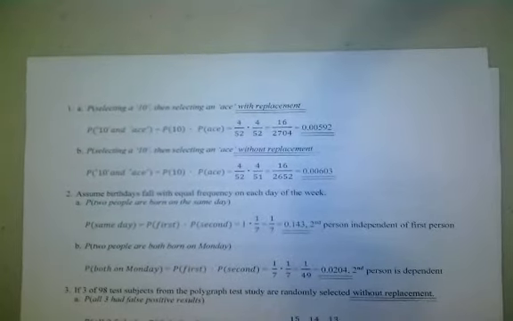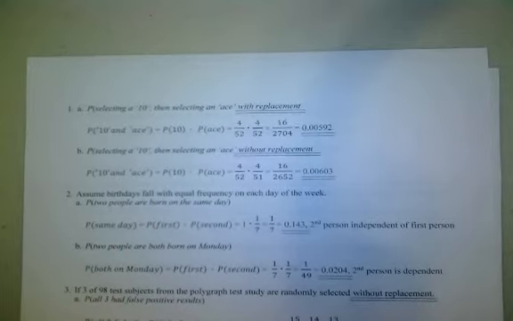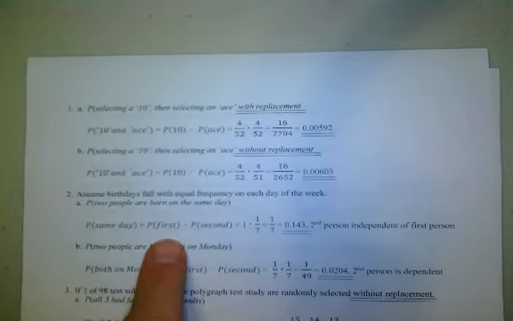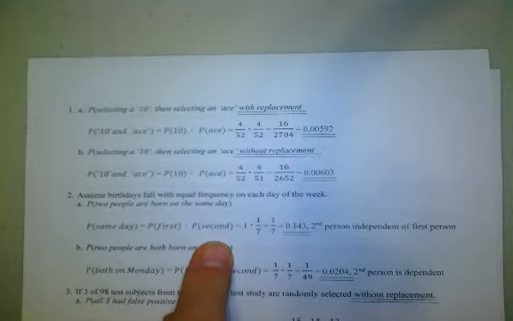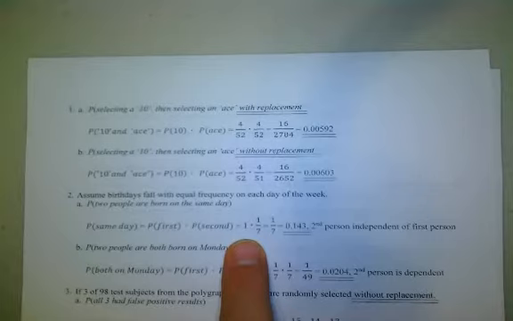So, next example. Assume that birthdays fall with equal frequency on each day of the week. What is the probability that 2 people are born on the same day? Well, the probability of the same day is the probability of the first person being born on a day, and then the second person being born on the same day. Notice the probability for that first person is 1. If they're born, it's on one day of the week.